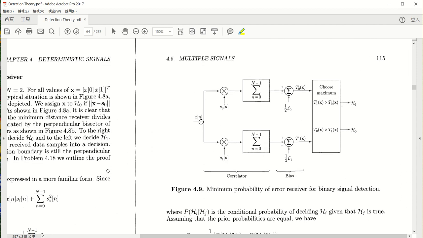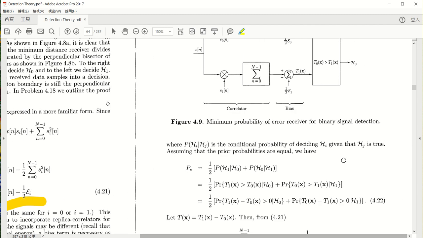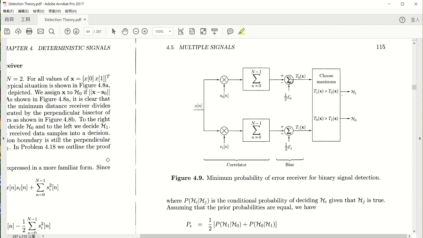Your observation comes in, goes to correlation with S0 and with S1, you do the summation, and then you subtract epsilon 0 and epsilon 1. That's the bias. How come there is a bias? Because we derived it here.